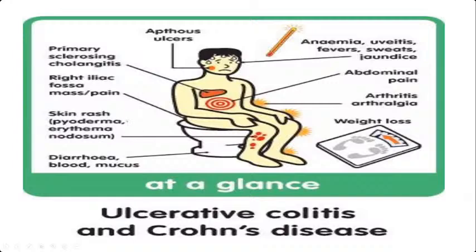There may be skin symptoms, diarrhea with blood and mucus, anemia, depending on how severe the disease is, fever, we've seen that, abdominal pain. Often both Crohn's and ulcerative colitis may be associated with arthralgia and arthritis and weight loss, because obviously they're not eating at that time, and they're pretty ill.